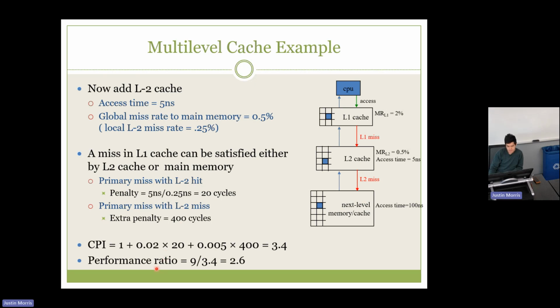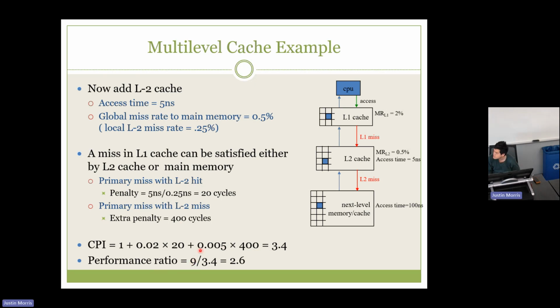So here is our new CPI. We take the miss rate and penalty, right? And then miss rate times penalty. 3.4. We had 9 before.